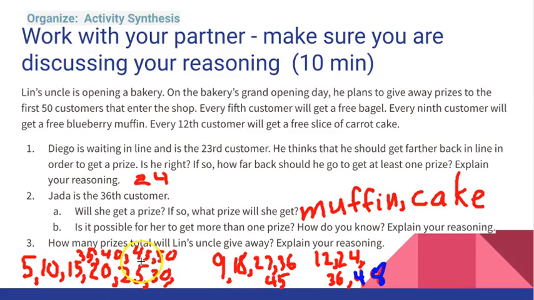There are those fortunate few who are going to get 2 things. When we get to 45, someone will get something twice. When we get to 36, somebody will get something twice.